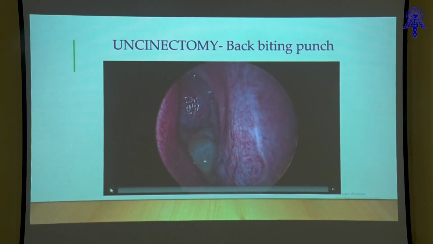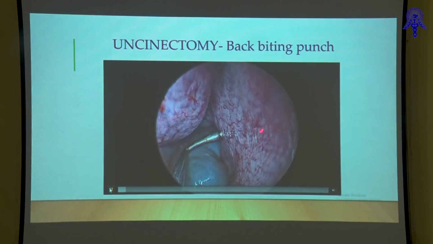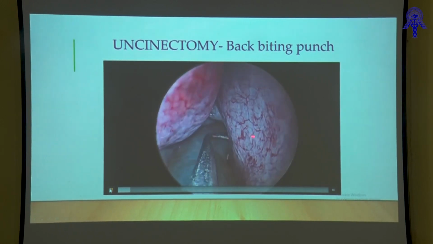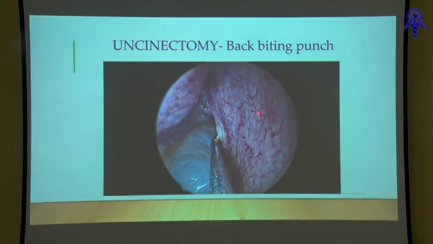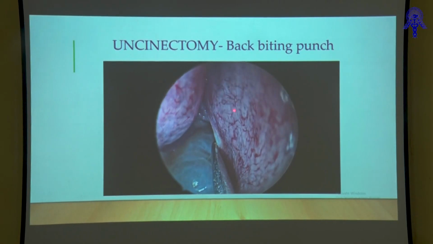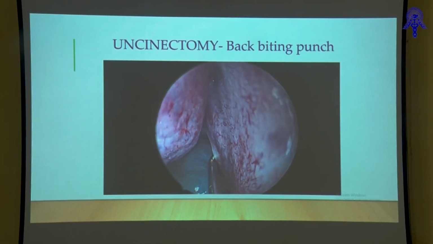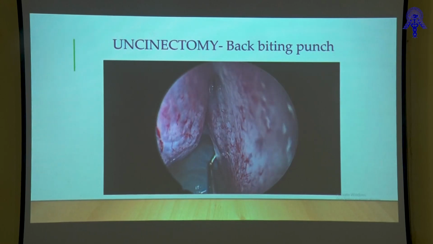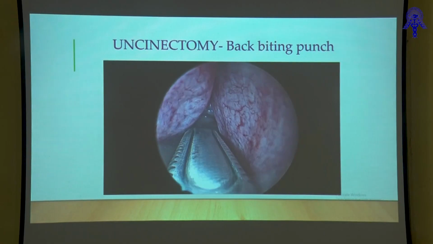Again, polypoidal disease. This is the left nasal cavity, with the uncinate process being palpated, where you see the attachment of the uncinate process to the lateral wall of the nose. There you can see the movement, so you know how much to remove, and then you insert a backbiting punch. That is the safest way to do it.